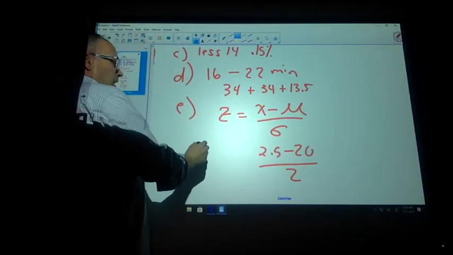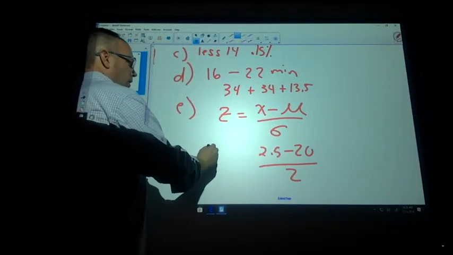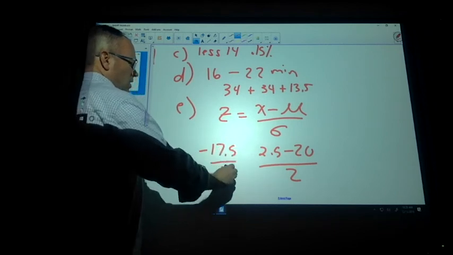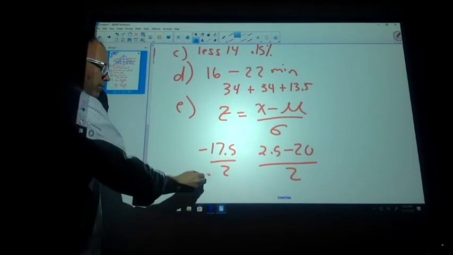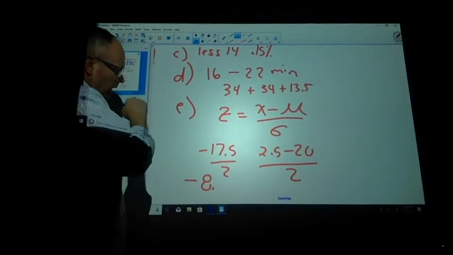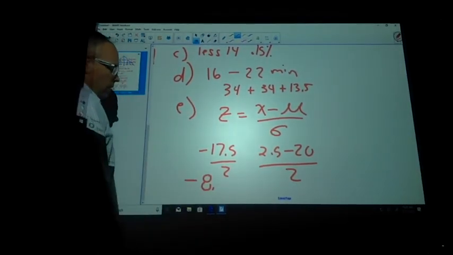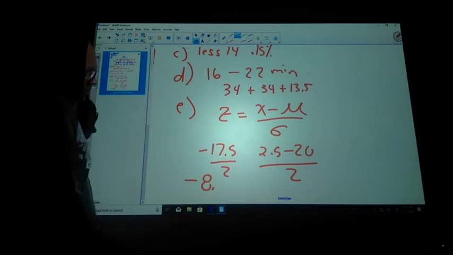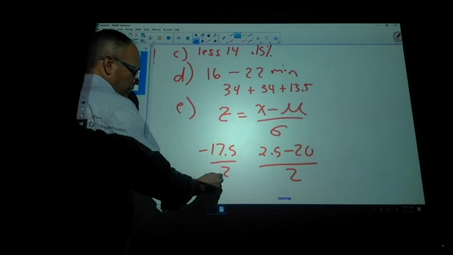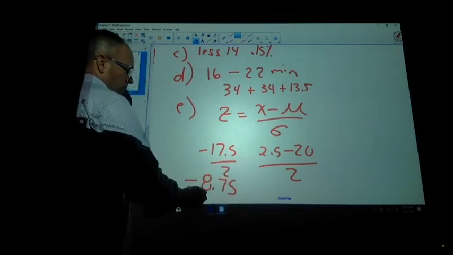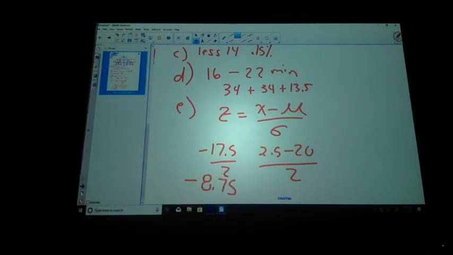That's going to give me negative 17.5 over 2, which is negative 8.75. Gotcha. So that's very unlikely that's going to happen. That's all we have there.